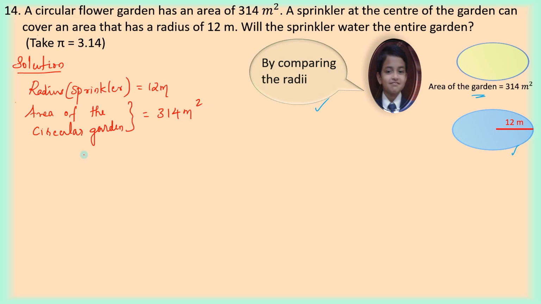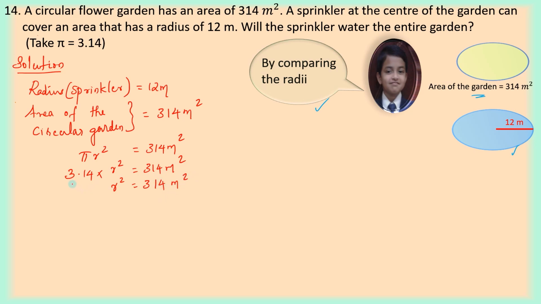Now let us write the formula, that is pi r square, that is equal to 314 meters square. Pi is 3.14, so 3.14 into r square. You write r square as it is, that is equal to 314 meters square. We have to find the radius here, so keep r square here itself.